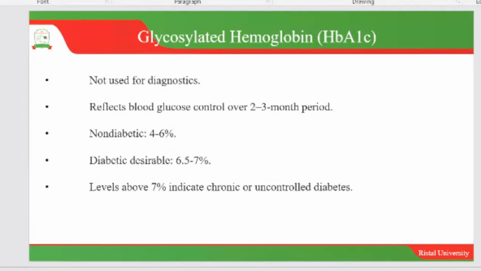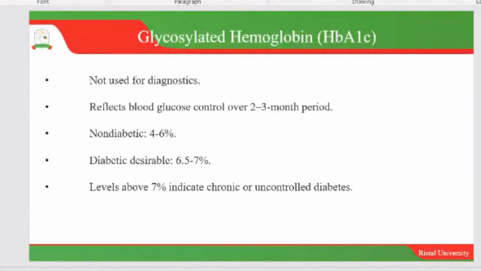But if it reaches 6.5 to 7%, then that is diabetic desirable. Then if it is more than 7%, it indicates that the diabetes is a chronic one and it has not been controlled well.